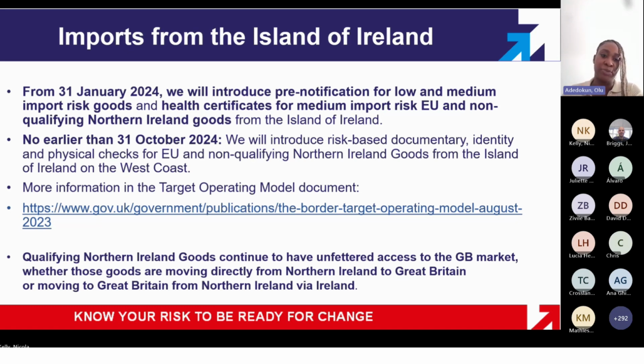More information is available in the BTOM document. And as I've mentioned previously, qualifying Northern Ireland goods will continue to have unfettered access to the GB market, whether these goods are moving directly from Northern Ireland to Great Britain or moving to Great Britain from Northern Ireland via Ireland.